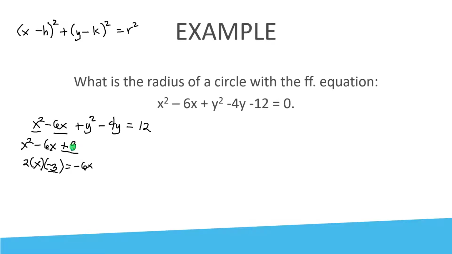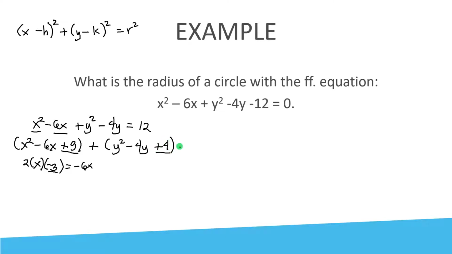Just like that. Plus, let's group that. Then we have y squared minus 4y. What number will we put here? Negative 4 divided by 2 is negative 2, raised to 2 equals positive 4.